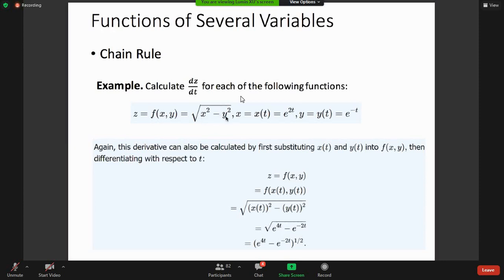I mean, we would like to give up the intermediate variables in the very beginning. So how can we do that? In the very beginning we can replace x and y by t, because the relationship between x and t and also y and t are given, right?